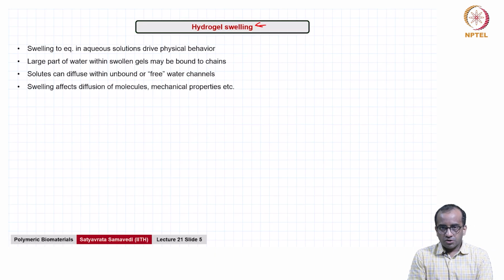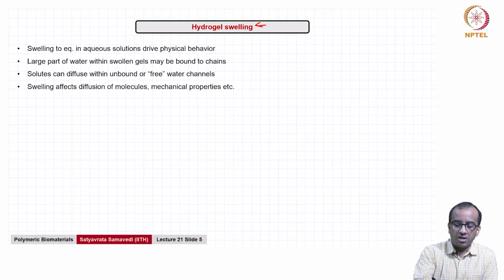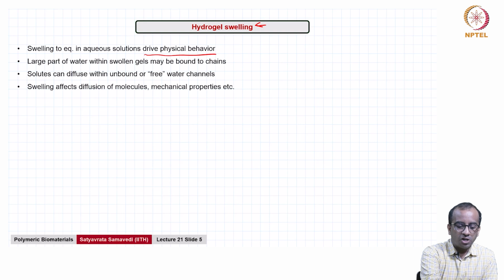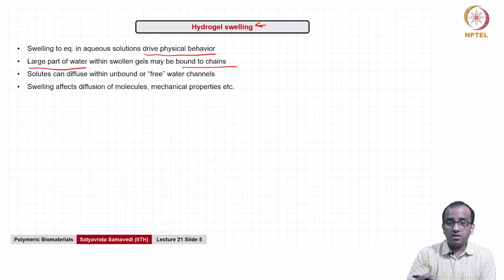Once the hydrogel network is formed, because these are now water swellable networks, you can place them in water and swell them to equilibrium, and that drives their physical behavior. In the swollen state, a large part of the water may be bound to the chains themselves.